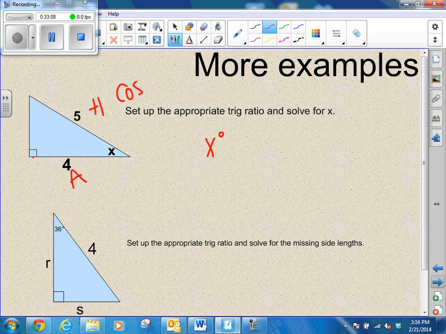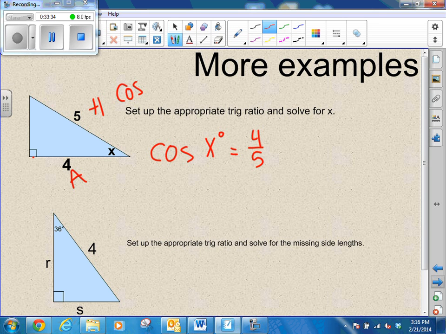How do I set this up? I do have to use a 4 over 5. Yep, adjacent over hypotenuse. What goes first? Cos of my degree is equal to adjacent over hypotenuse since it's cosine. So 4 over 5.